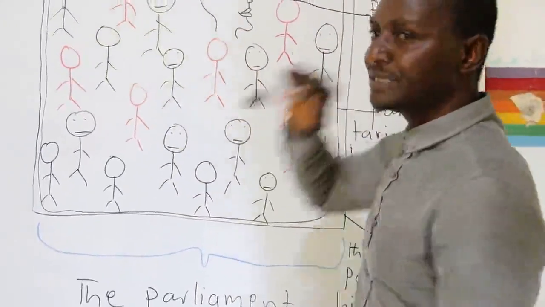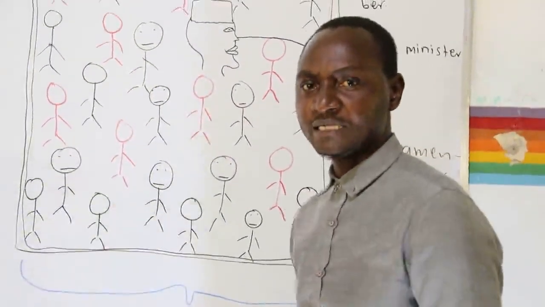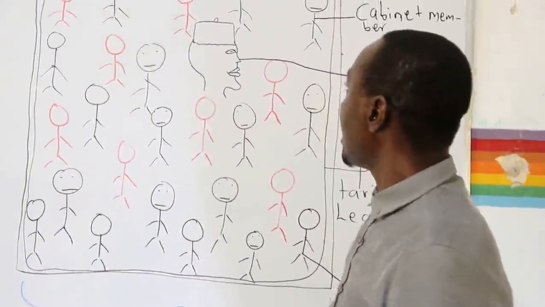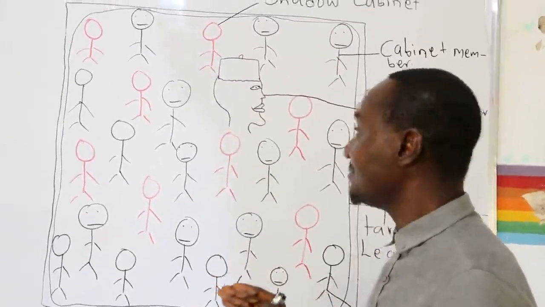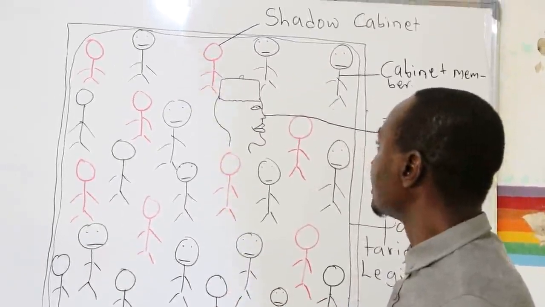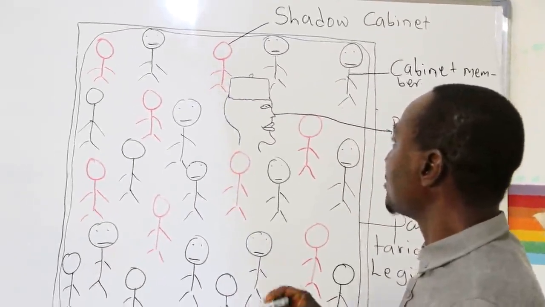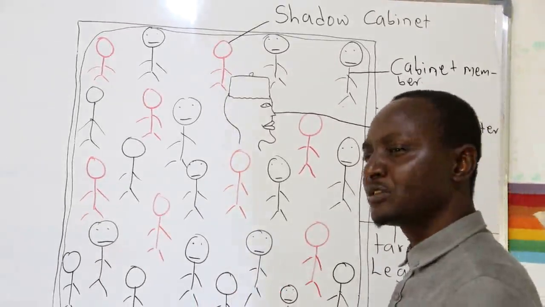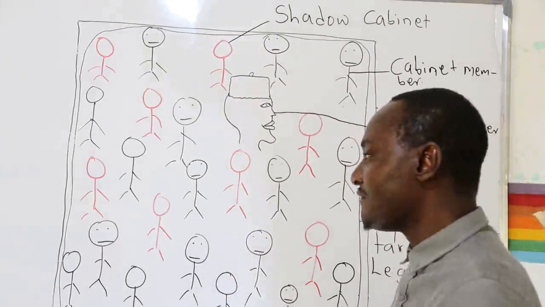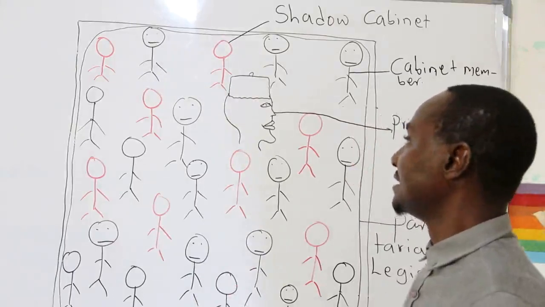Now, the shadow cabinet in a parliamentary system of government is a body of individuals in the parliament who were not actually elected by the members of the public. They don't have the highest number of votes in the parliament.